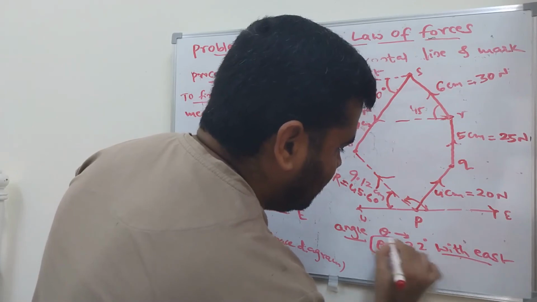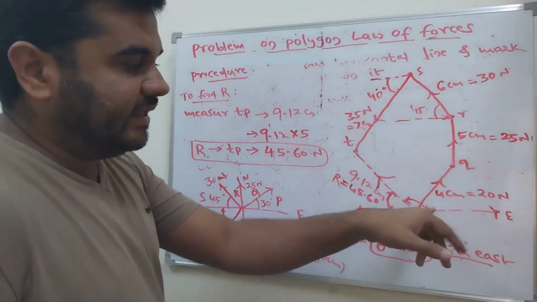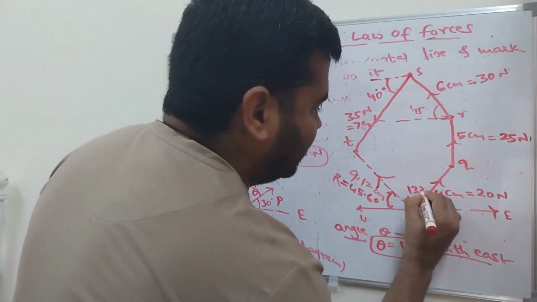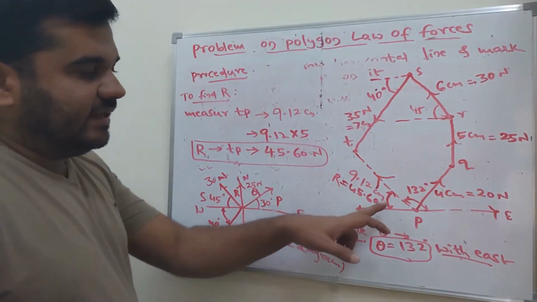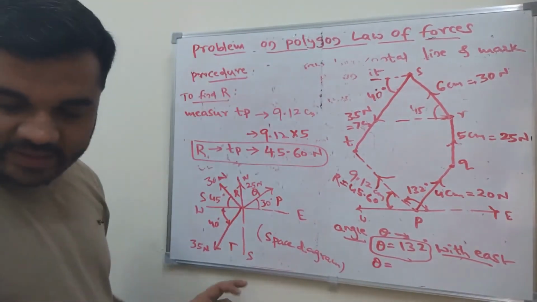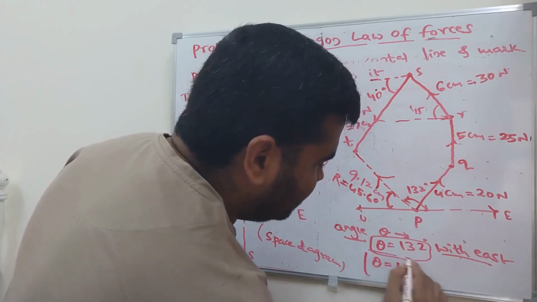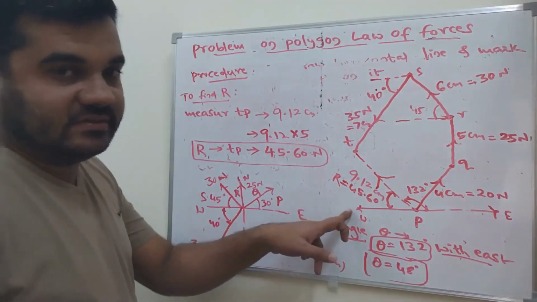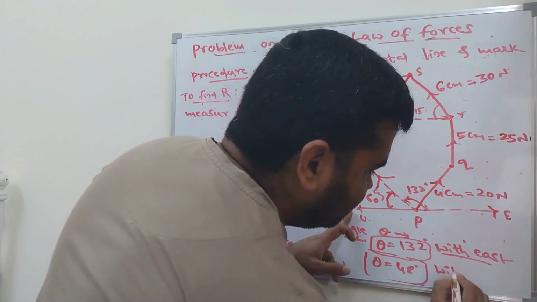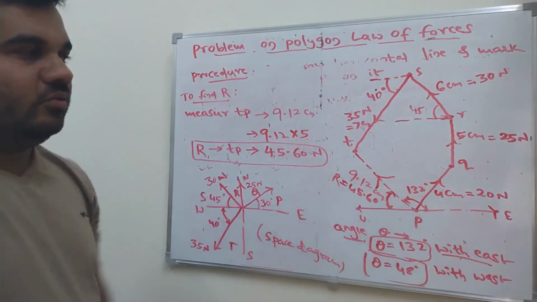If you measure the resultant with respect to east, it is 132 degree. If you measure theta with west, theta equals 48 degree with respect to west. Okay. You can measure here or here, no problem.